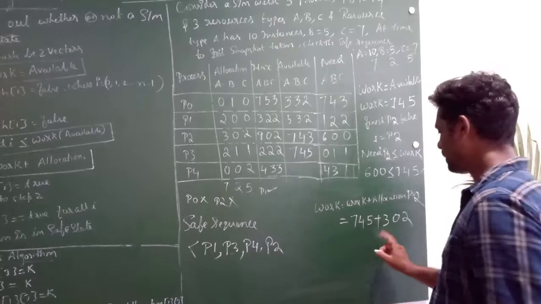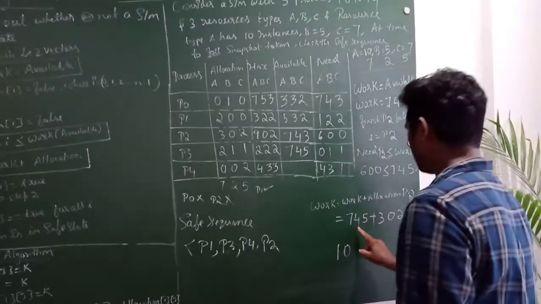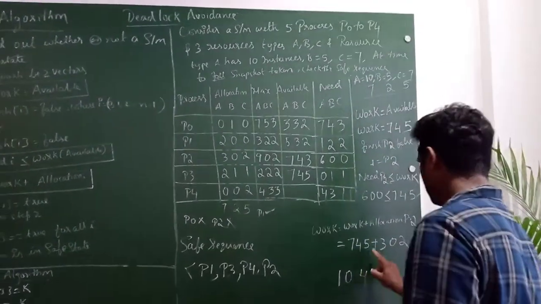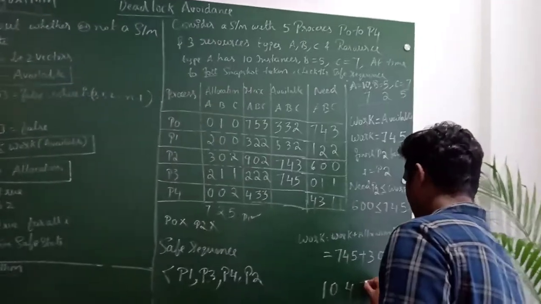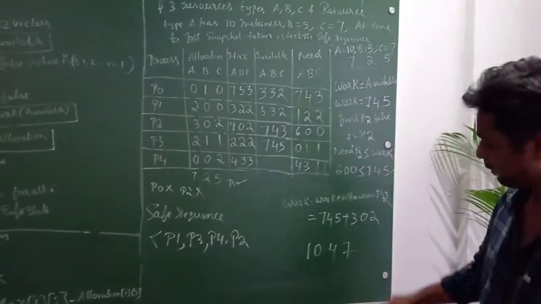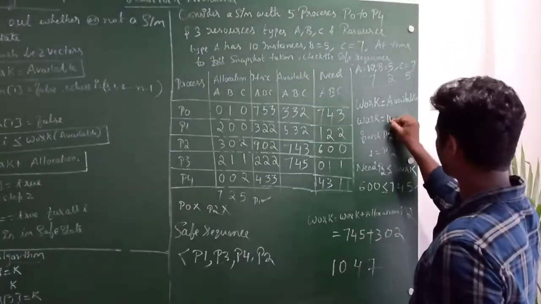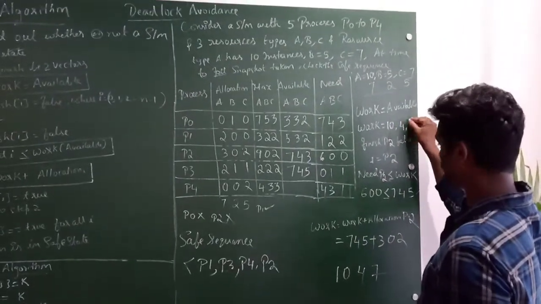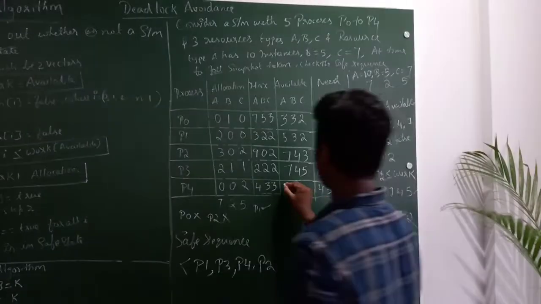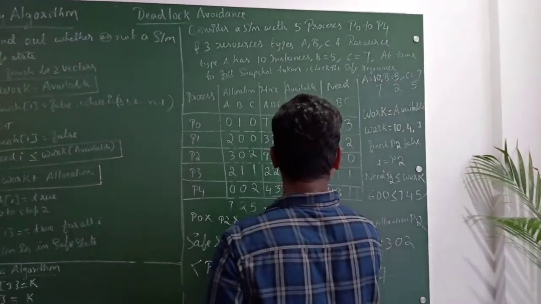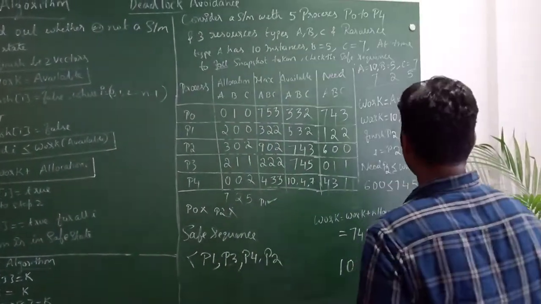So 7 plus 3 is 10. 4 plus 0 is 4. 5 plus 2 is 7. Hope you are getting this. So this is your new work: 10, 4, 7.